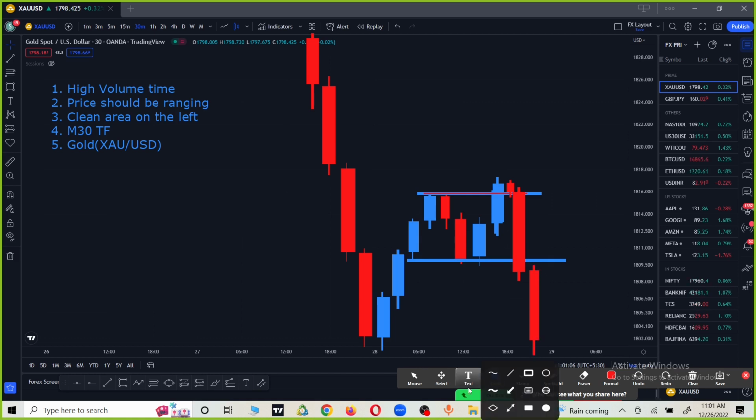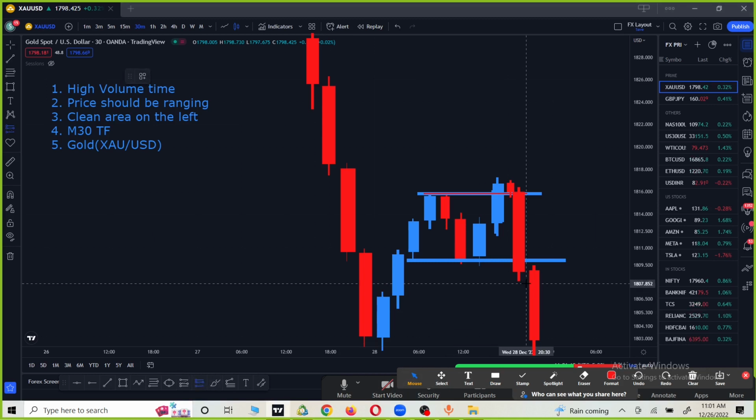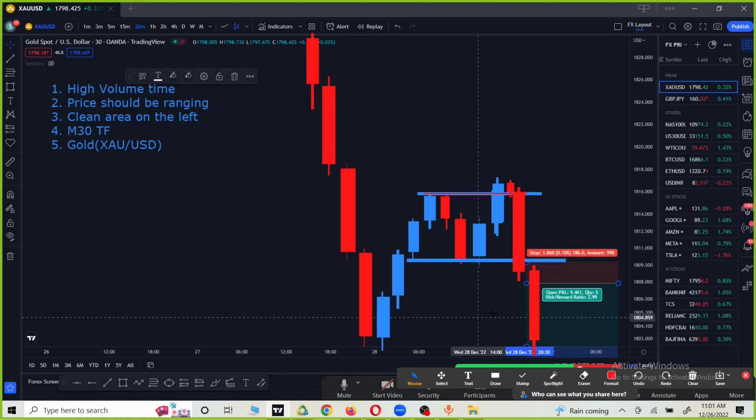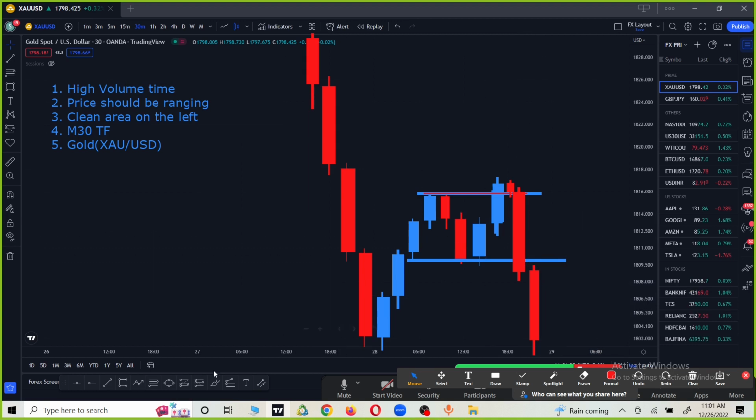The stop loss is above the current candle, and the target depends upon where we have the next support on the left-hand side. So this is going to be the case on the downside.